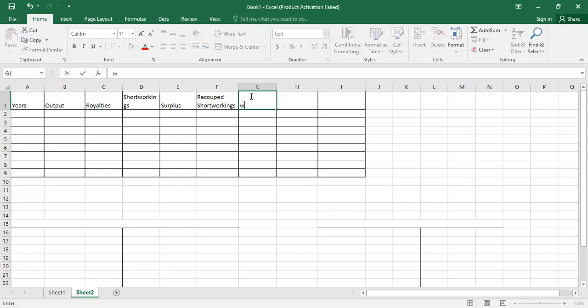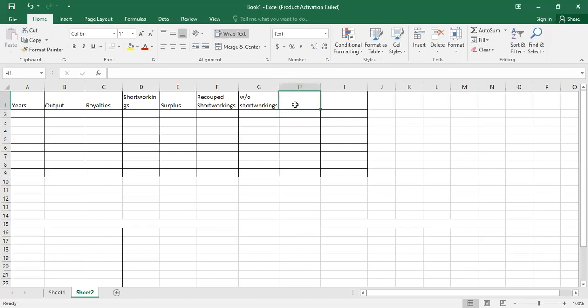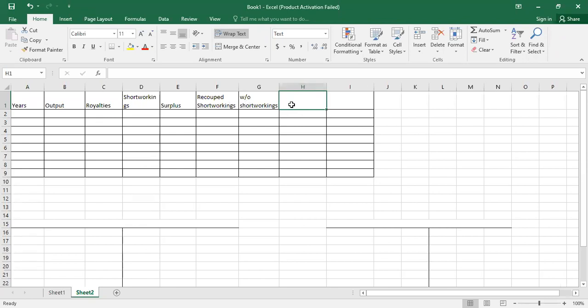So we have the written off short workings. Then the next column we can have the carried forward. We are having the short workings that will not be cleared in a particular period and they'll be carried forward. So you can have the short workings carried forward.